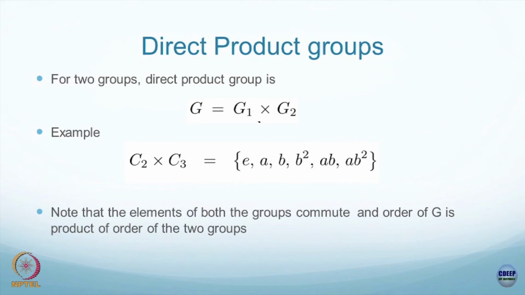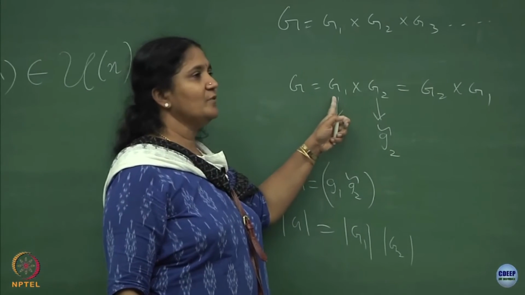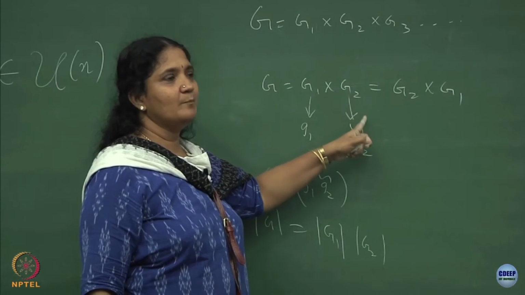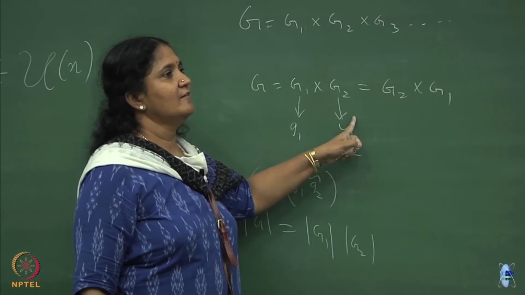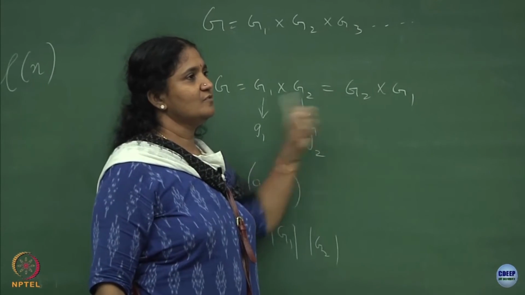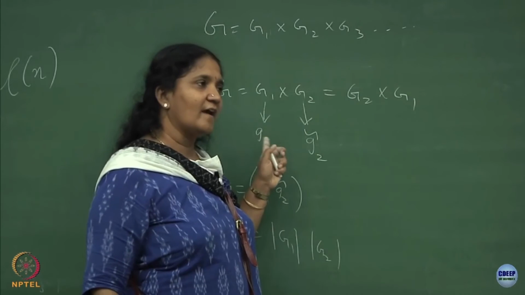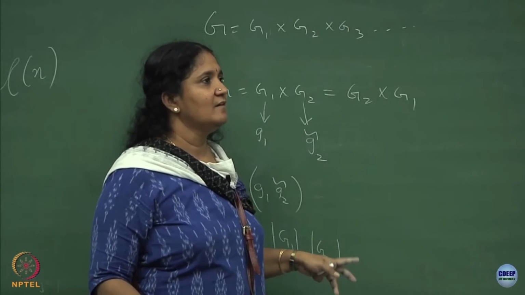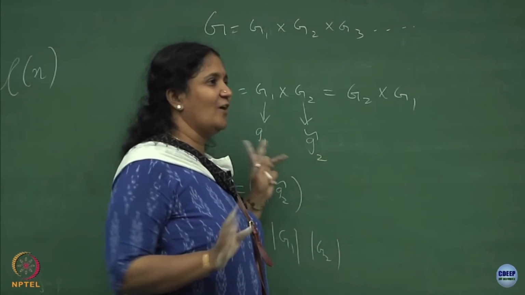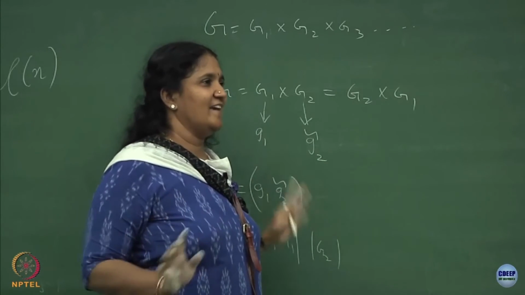Because of this condition. If you say this group is with E and A, this group is with E, B and B squared, you can write all possible elements which is multiplying those two, which is again 6 elements, but the AB is B squared A condition is not there. AB is same as BA here.